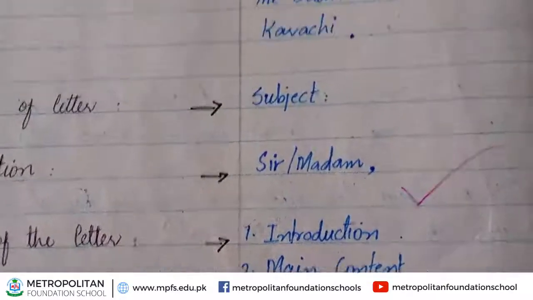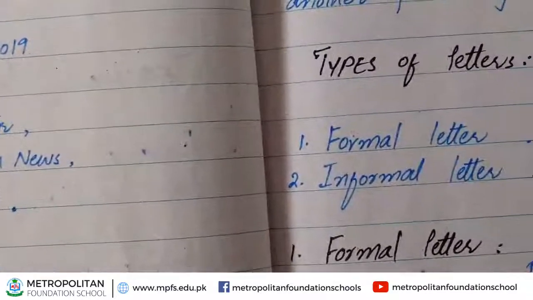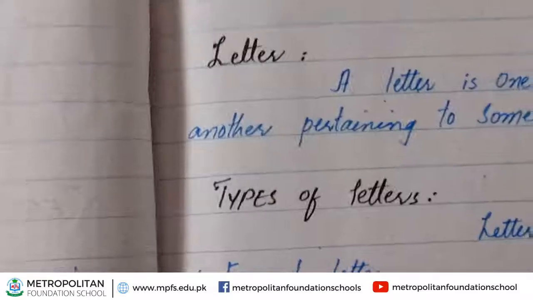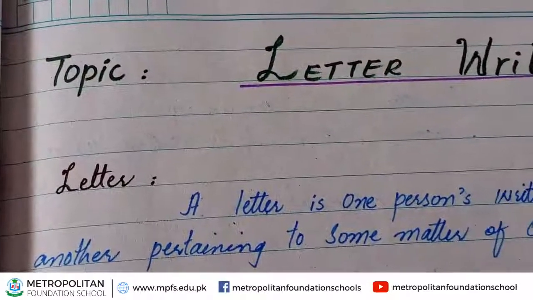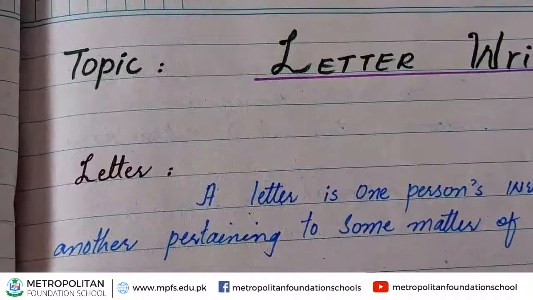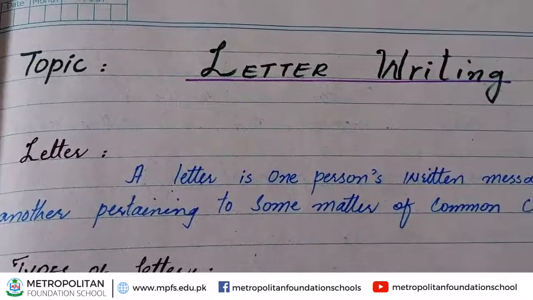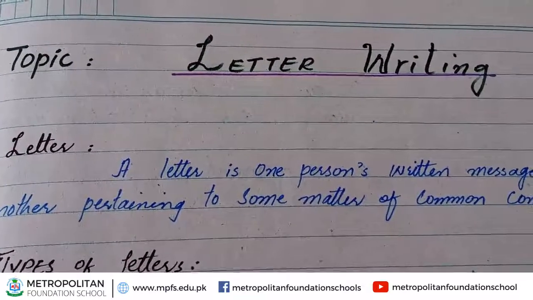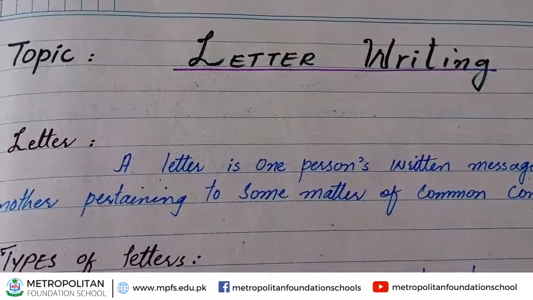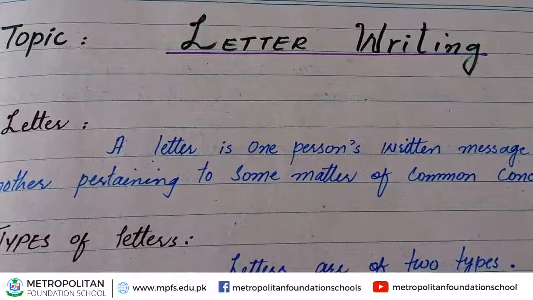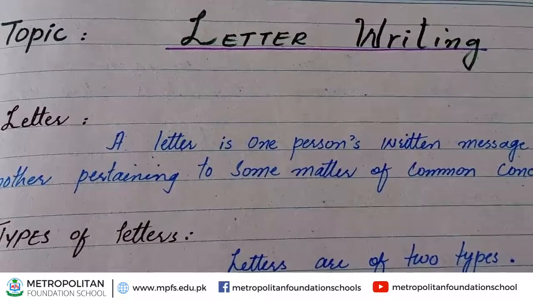So this is the formation of the letter. These headings and titles are used. Now come to the letter writing topic. Before starting, I would like to tell you the definition. What is letter writing?